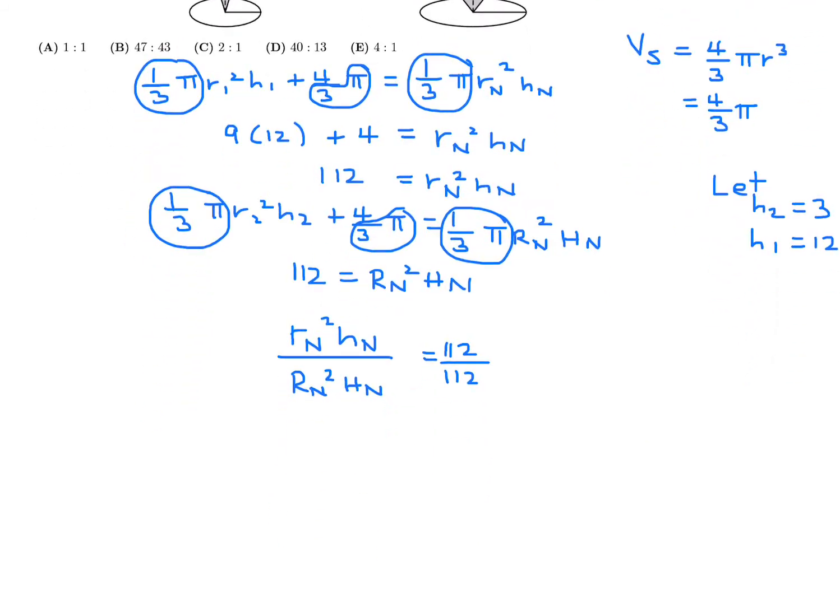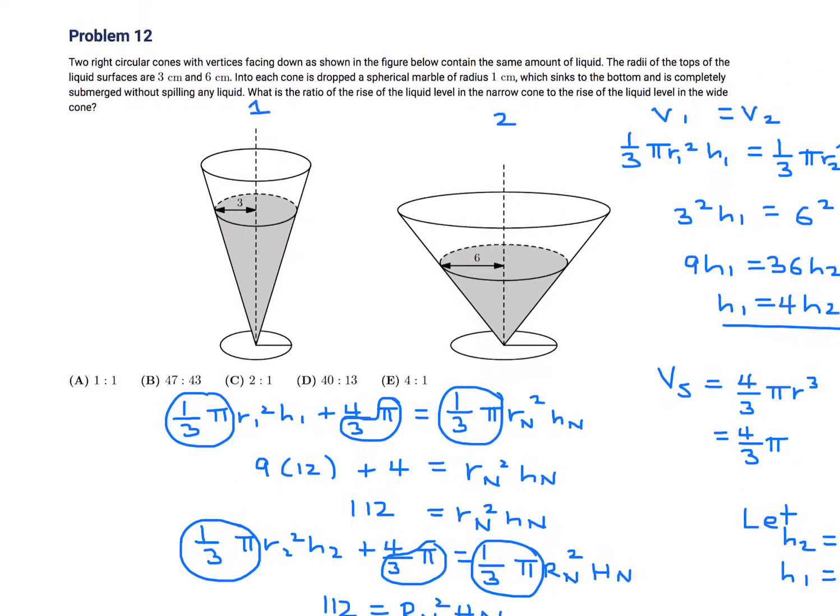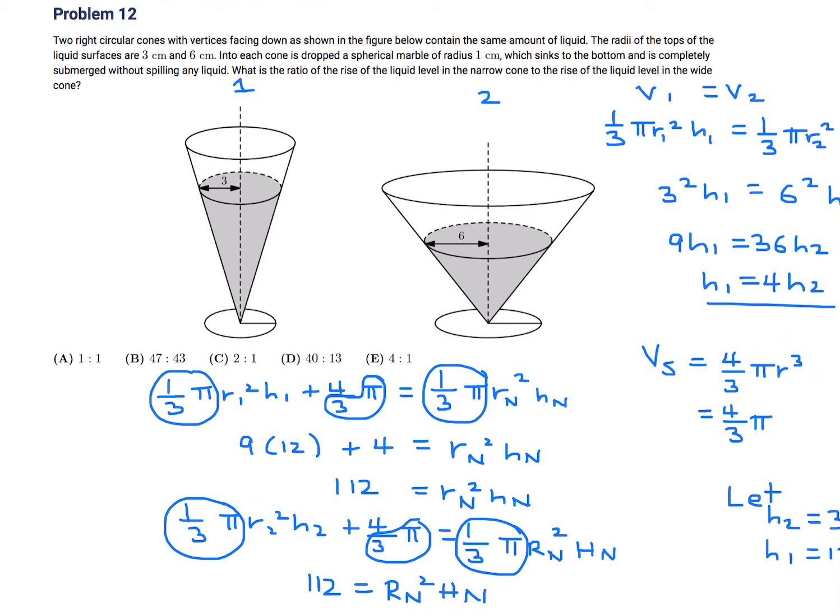So r_n over R_n squared is basically 1 over 2 squared, like that. And then you'll get h_n over H_n like this, and that's 1. So isolating for h_n over big H_n is going to be 1 times 4, which is just 4. And there you go. So 4 to 1 would be the ratio of the two heights after the sphere, pebble, marble, whatever, is dropped inside. So number 12, the answer is E.